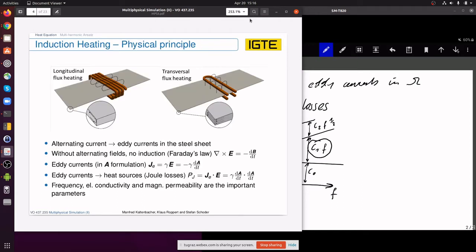Okay, so there are two different types of induction heating processes. The first one is the so-called longitudinal flux heating, where the inductor is wound around the workpiece to be heated, and this placement of the coil results in a B field that is longitudinal to the workpiece to be heated.